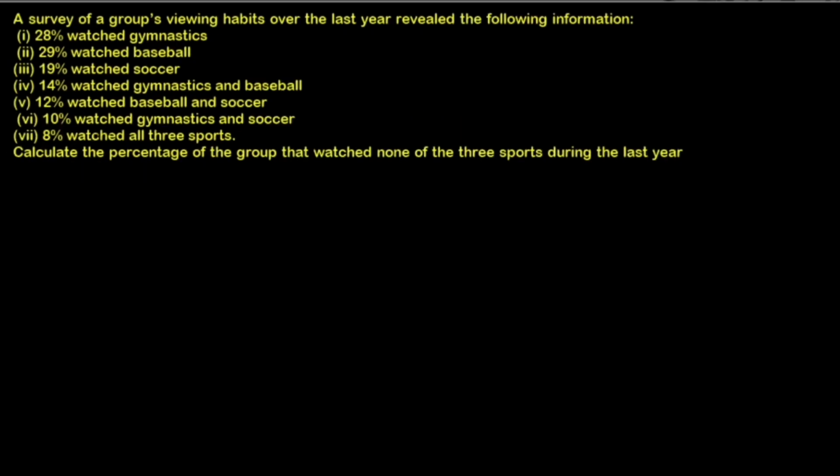Next is a question in which you're going to understand the classical definition of probability. A survey of a group's viewing habits over the last year revealed the following information: 28% watched gymnastics, 29% watched baseball, 19% watched soccer, 14% watched gymnastics and baseball, 12% watched baseball and soccer, 10% watched gymnastics and soccer, and 8% watched all three sports.